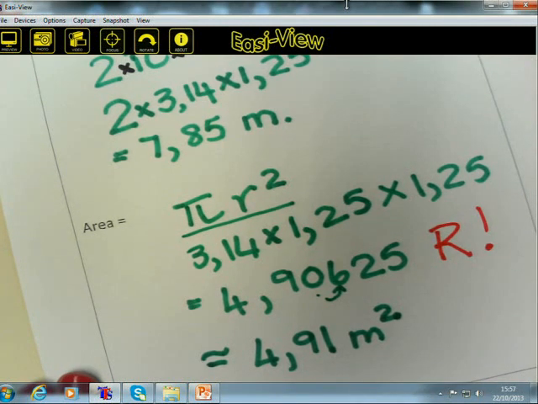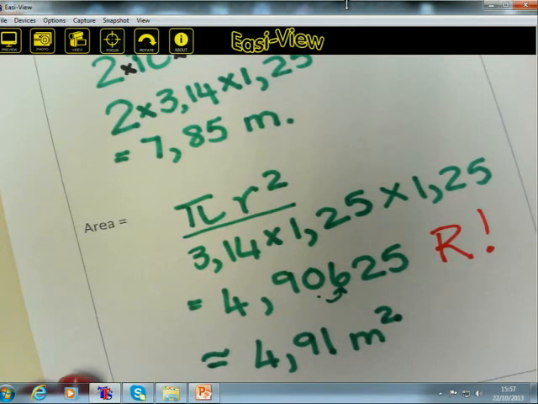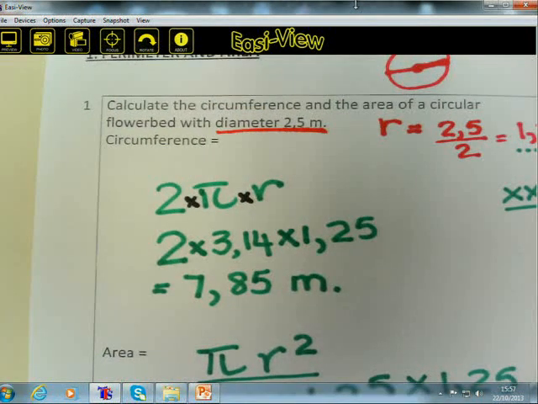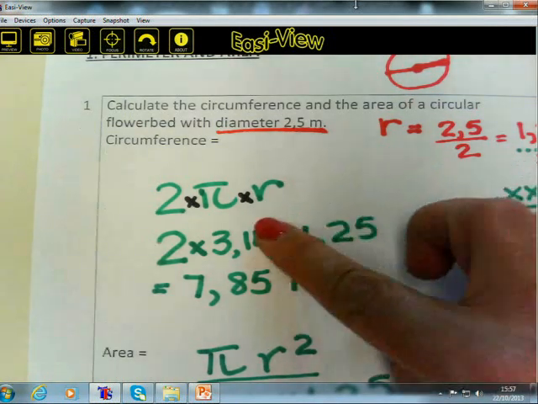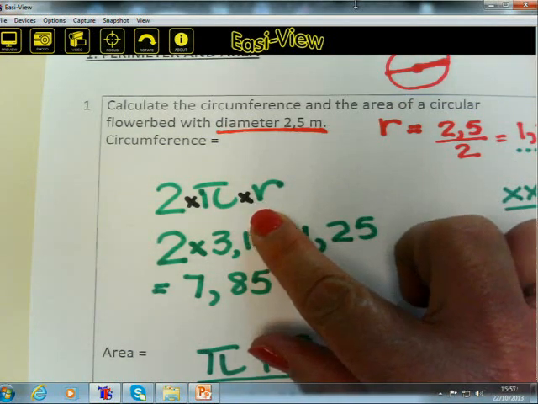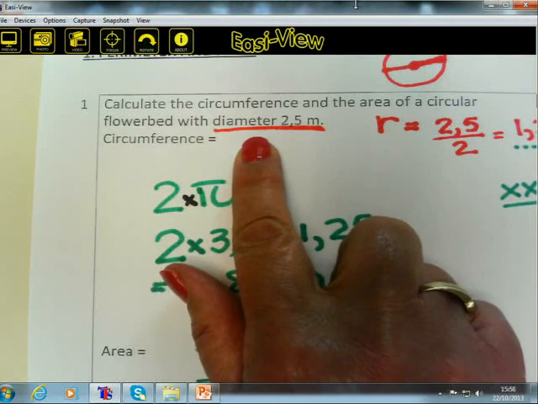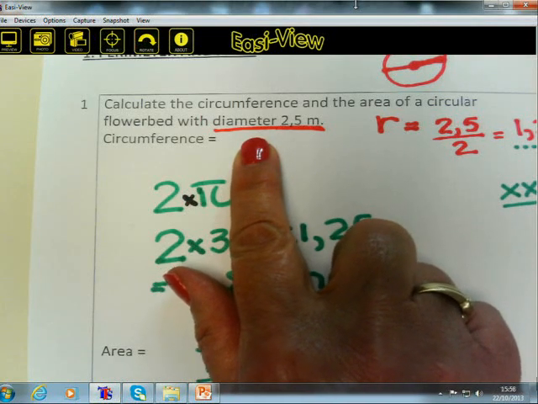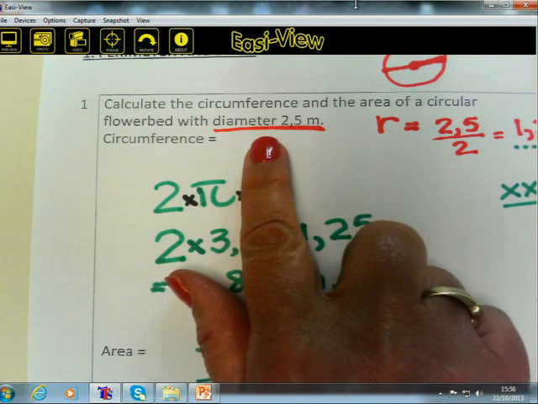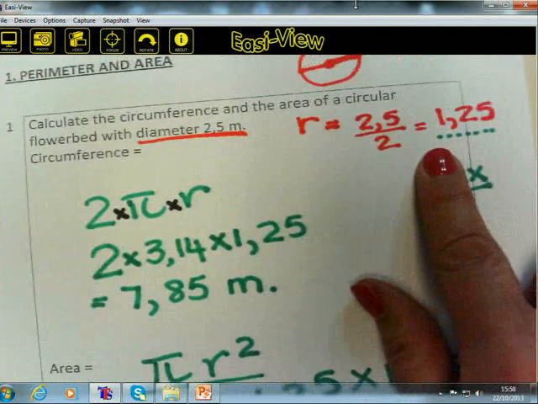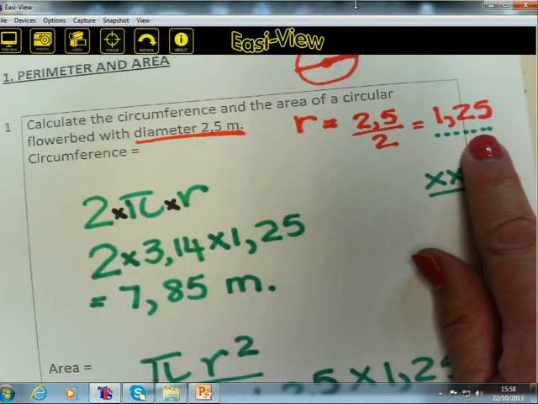Now we learned some important things on this page. Let's just recap this question. The circumference of the circle, when we calculate it, we need the radius. If they give us the diameter, you cannot work with the diameter. You must change that. Change that diameter to radius by dividing it by 2, and you get the 1,25.